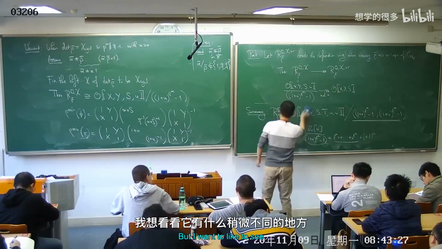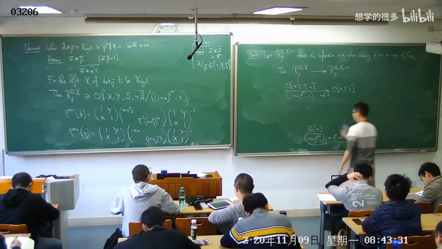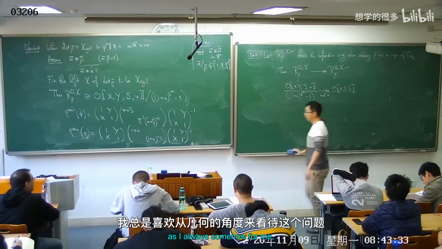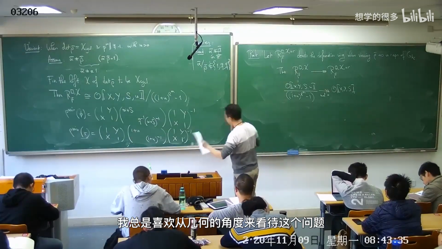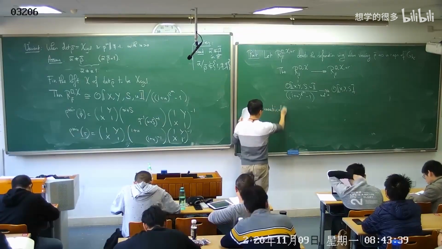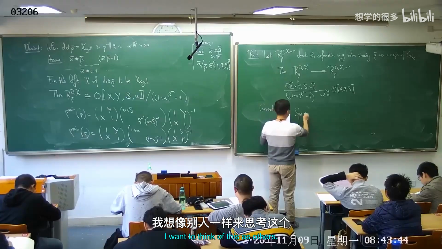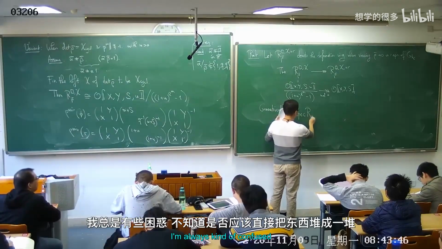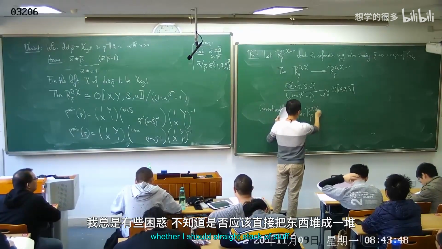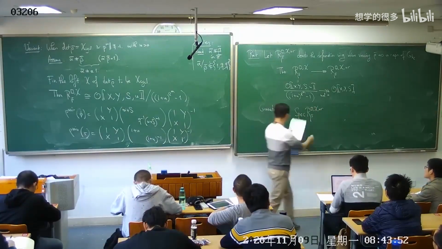But I would like to see it slightly differently. For me, I always like to think of this geometrically. I want to think of this as either Spec or Spf. I'm always kind of confused whether I should write Spec or Spf, but these are all affine, so I don't think it matters that much.